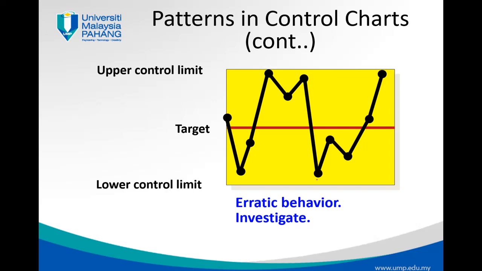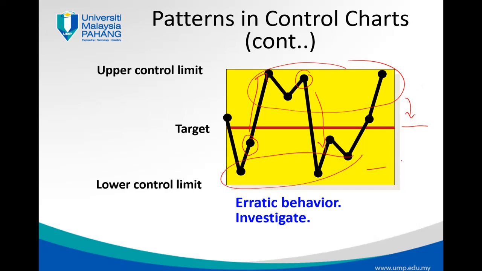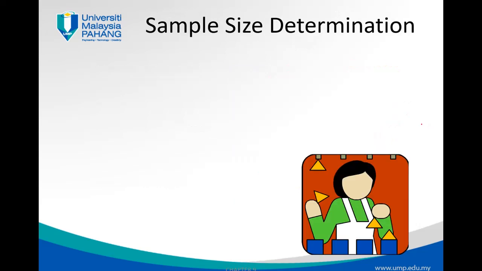Erratic behavior means the points have sudden jumps, from here suddenly to this point, from here suddenly going down. Most of the points should be located near the central line or target line, so this also needs investigation.